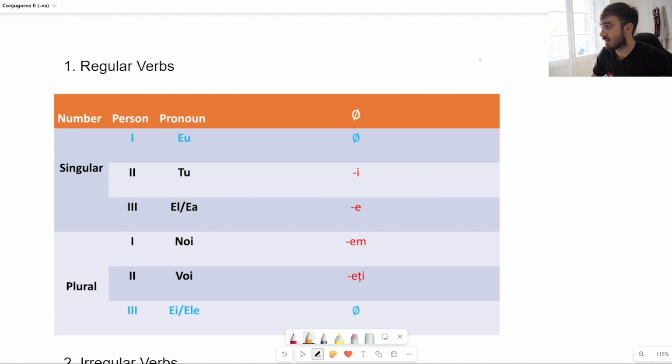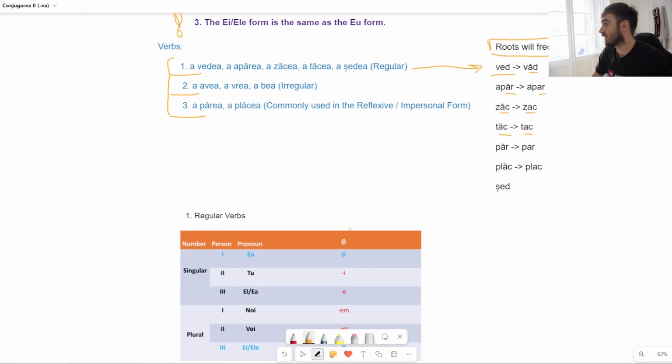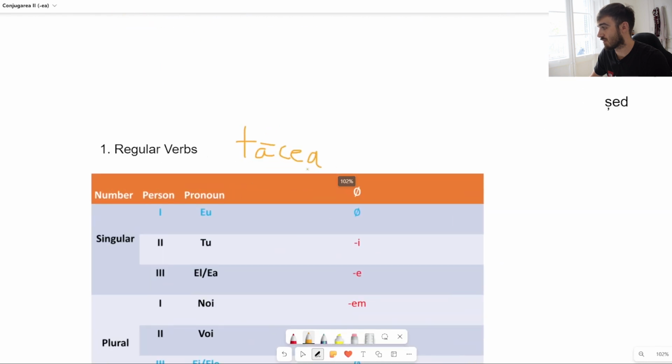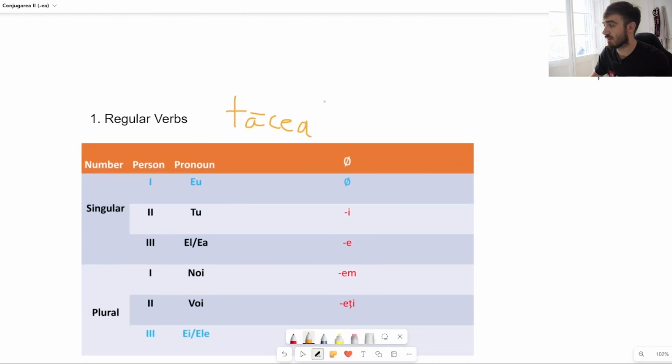Let's take, we had a vedea earlier. Let's take, for example, a tăcea. So we have tăcea, right? So the rule of doing this is, again, same as with previous or with other conjugations. You need the root. So to get the root, you remove the conjugation ending, so no EA.